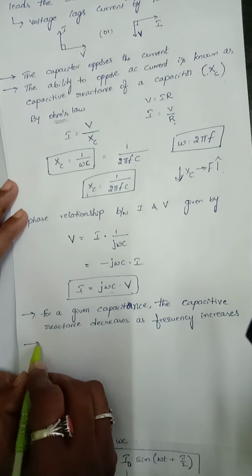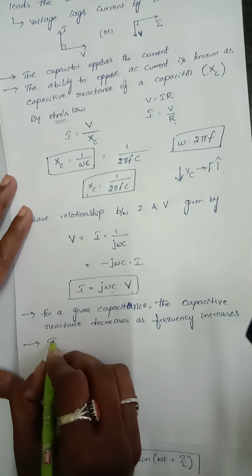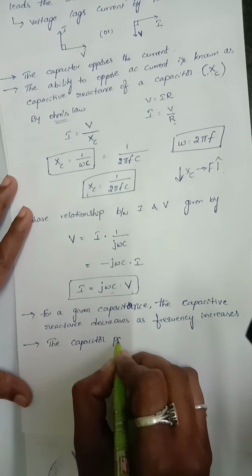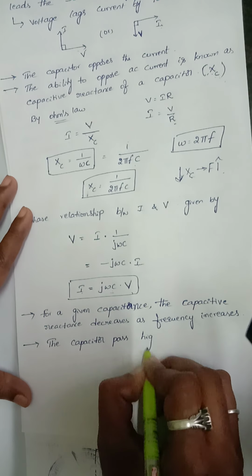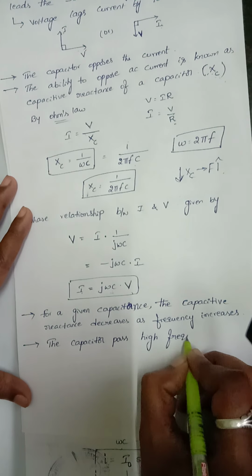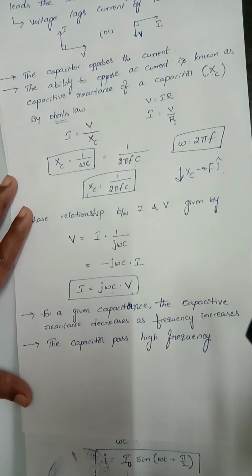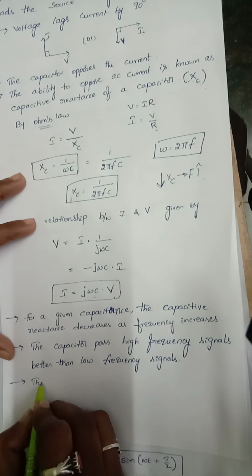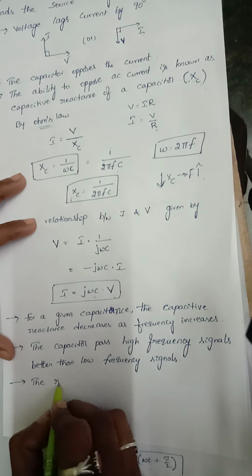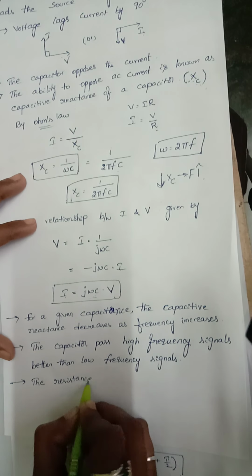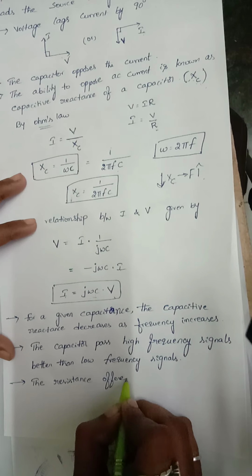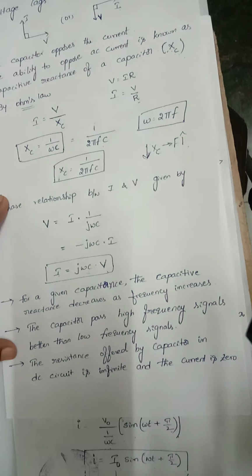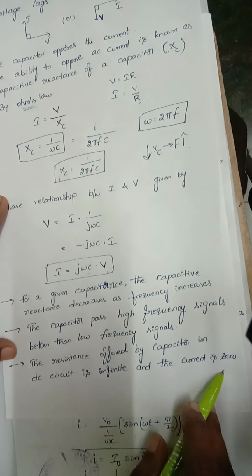We observe that the capacitor passes high frequency signals better than low frequency signals. The resistance offered by a capacitor in a DC circuit is infinity, and the current is 0.